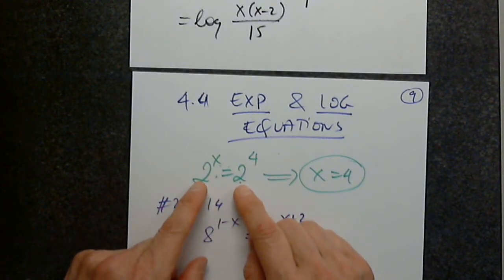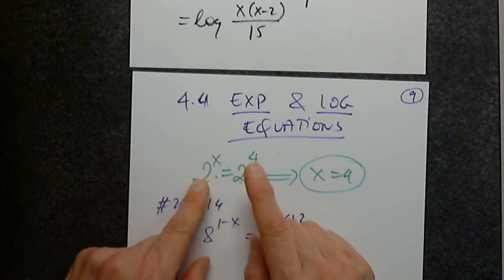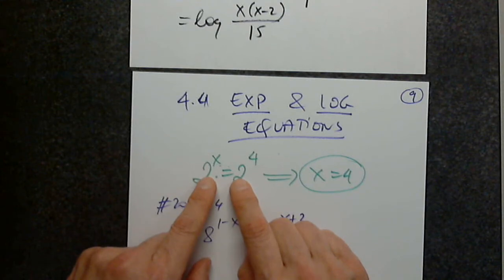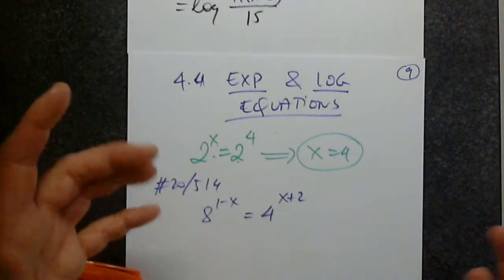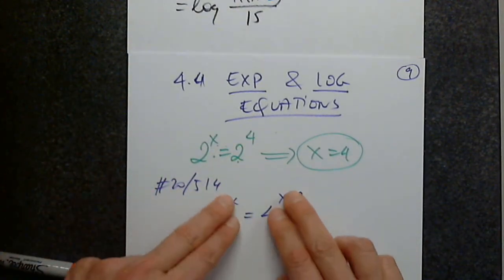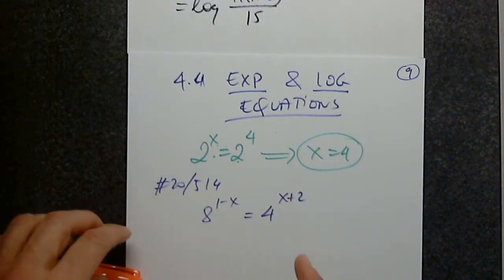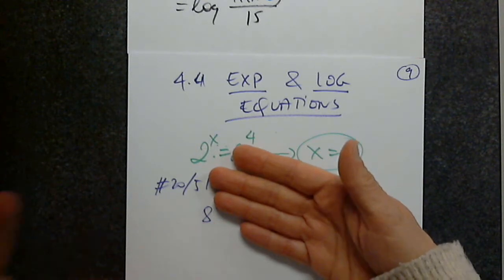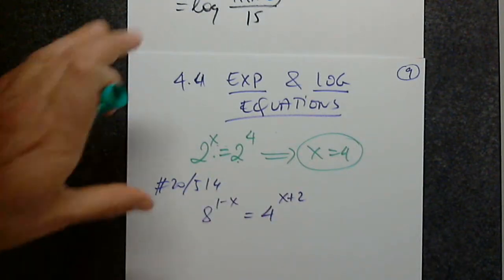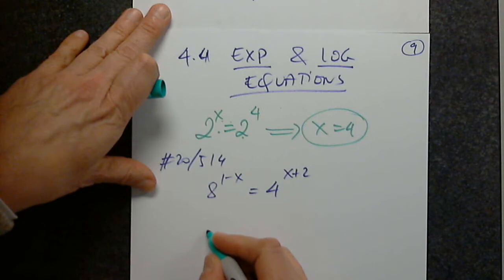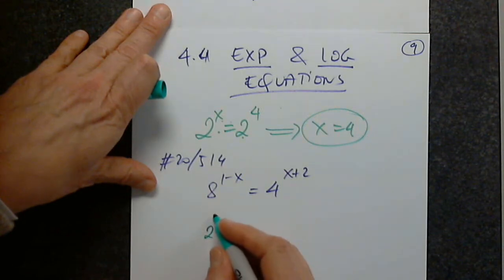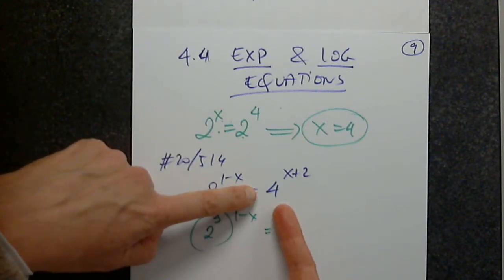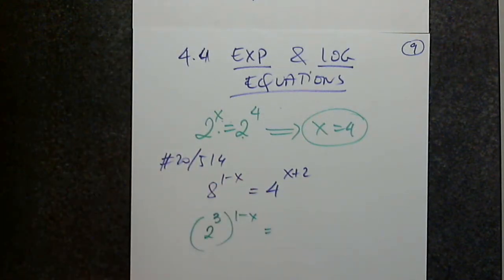The left-hand side and the right-hand side were presented with the same base. I always hope that both sides can be presented with the same base. So what is the only way you can rewrite 8? 2 to the third. Very good. The same thing with 4. What is the only way I can present 4?